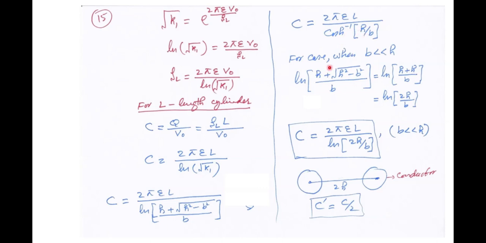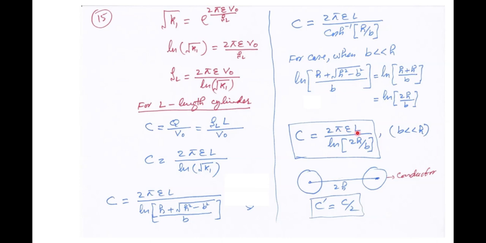For the case when b is much smaller than h, comparing b to h, we can remove b. So we can write this whole expression in this form. So the capacitance between the two conducting cylinders may be written in this form.